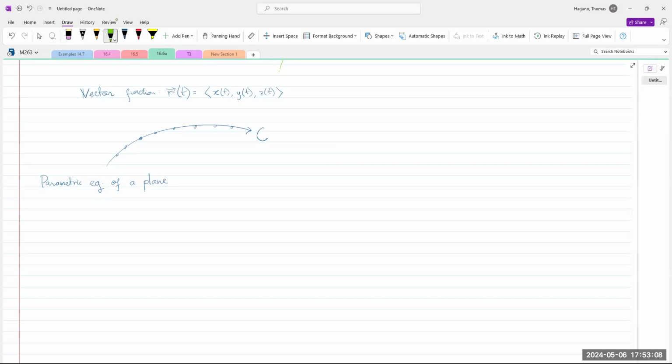So let's say the plane contains the point P naught and is parallel to vectors r1 and r2.